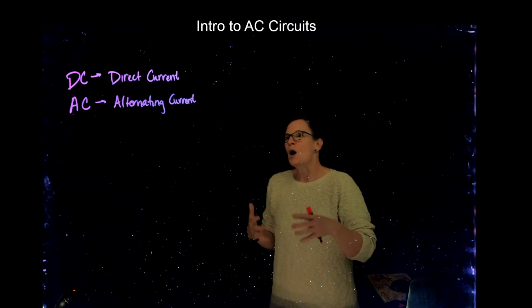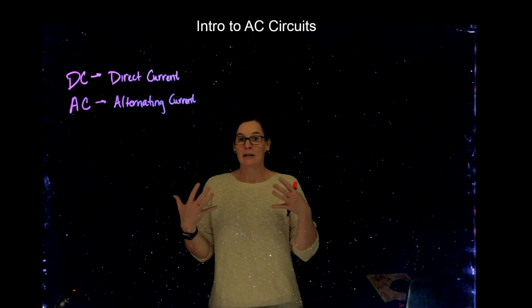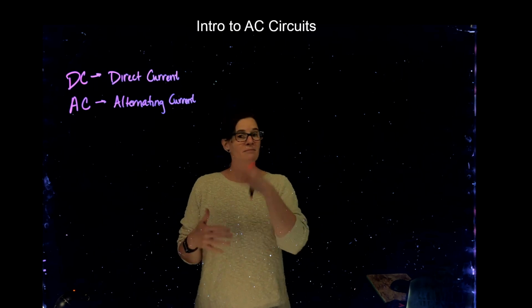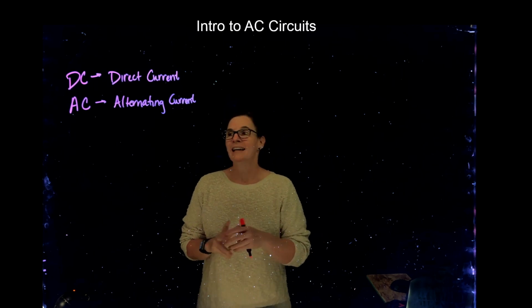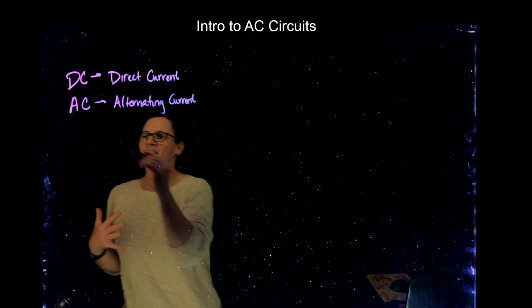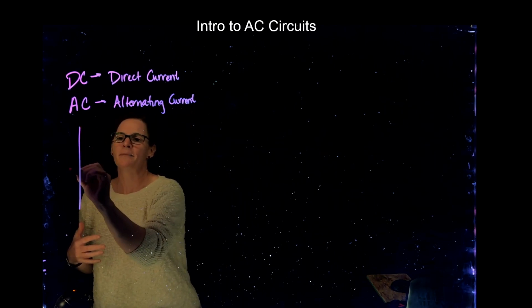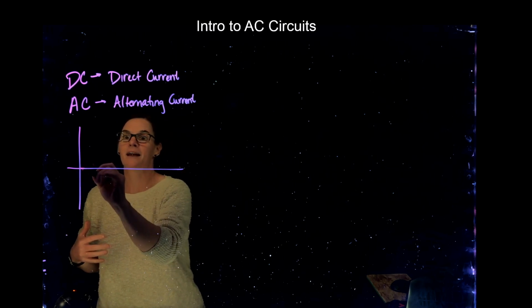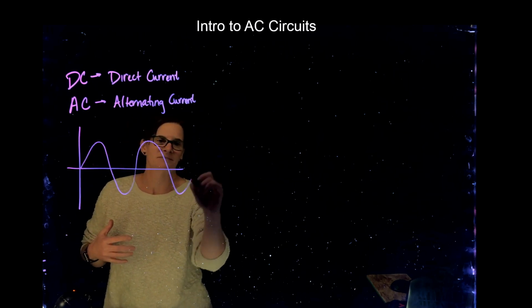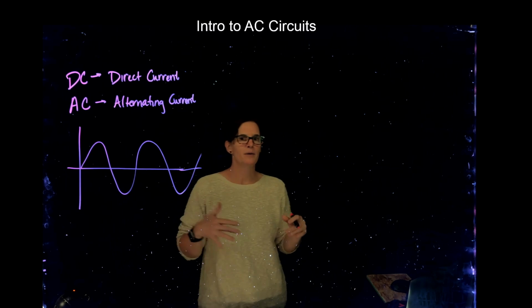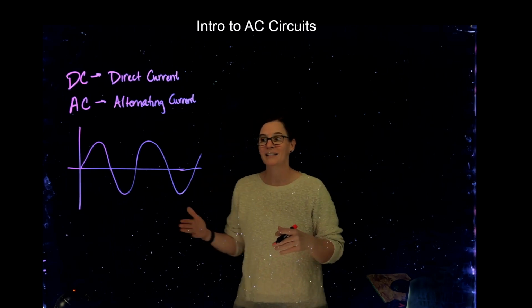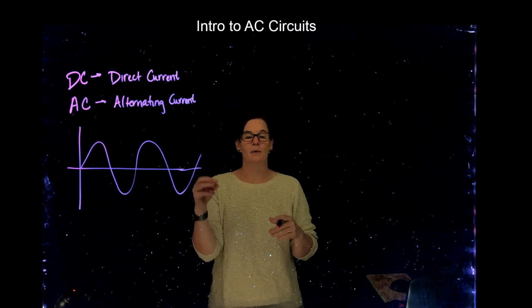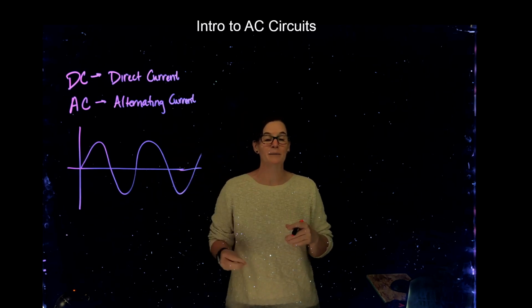So current alternates from a generator in a sinusoidal fashion. Let's just remind ourselves what that means. That means that it's a sine wave. There are a couple things about a sine wave that we know are important. One is the frequency of that sine wave, so how many cycles we get per second.